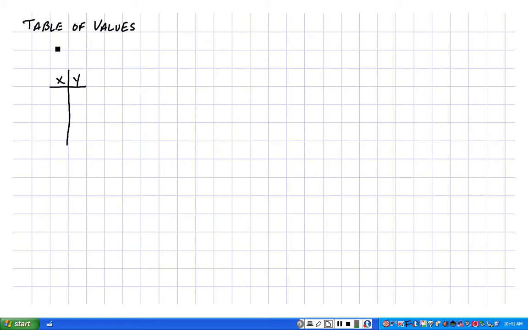So let's say we have the equation 3x plus y equals 12. Alright, now in the event that you're given an equation and you're asked to, let's say, complete the table of values, where you're given some values already.